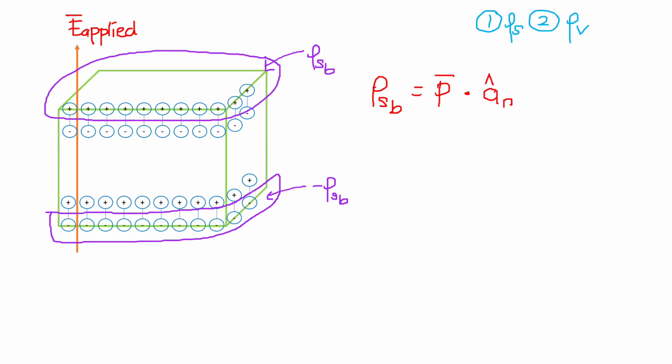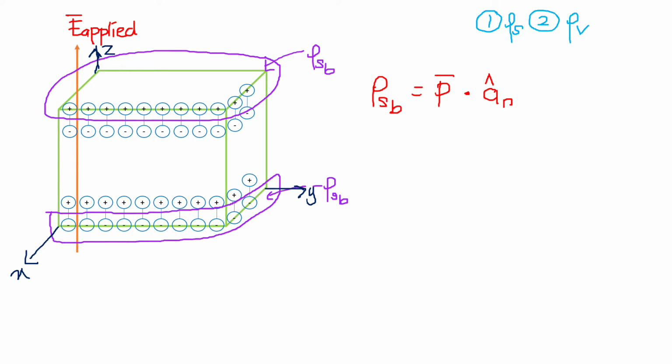We know that this unit vector must be away from the dielectric, and due to that, I will give axes to our structure. Let's say this is our x-axis, away from the dielectric, this one is our y-axis, and this will be our z-axis.